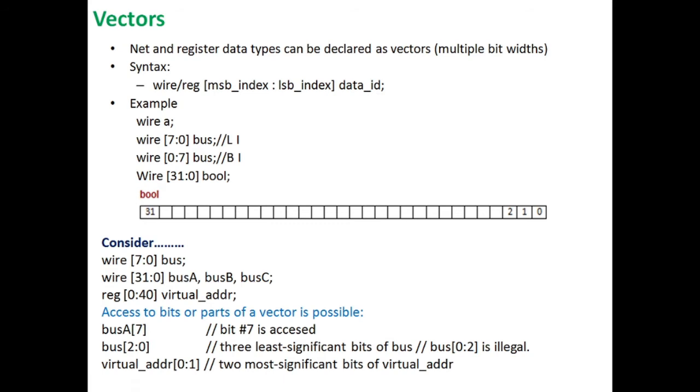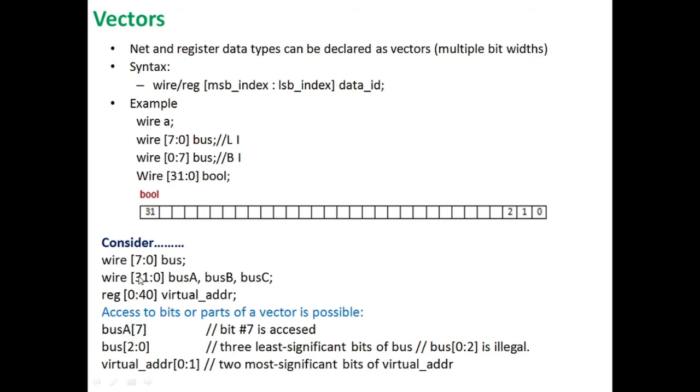So Verilog HDL provides an additional feature. Let me take a 32-bit wire variable. If I would like to access some of the MSB bits, some of the LSB bits, or bits in between the 32 elements, that facility is also provided in Verilog HDL.